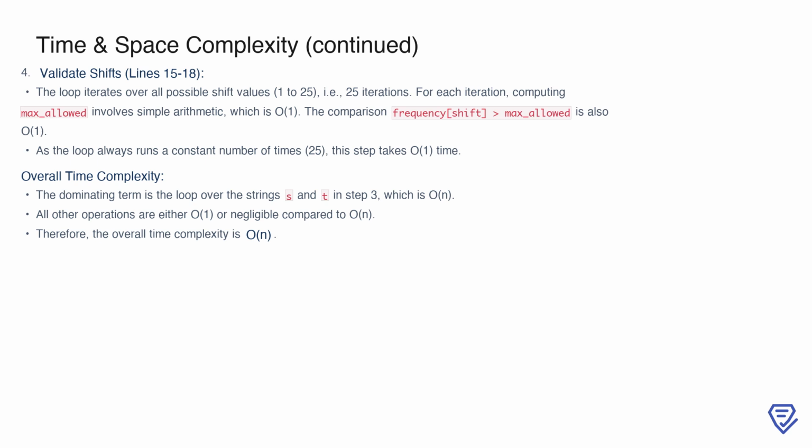Because the loop runs a fixed number of iterations, 25 regardless of input size, this step contributes O(1) to the overall time complexity. Combining these steps, the dominant factor remains the loop over S and T, which is O(n). All other operations, including the constant time validation loop, are negligible in comparison. Therefore, the overall time complexity of the solution is O(n).